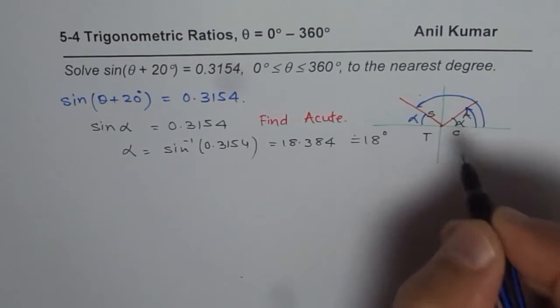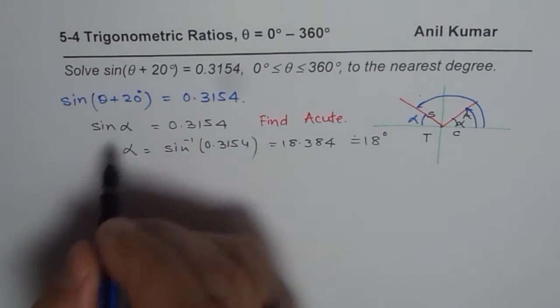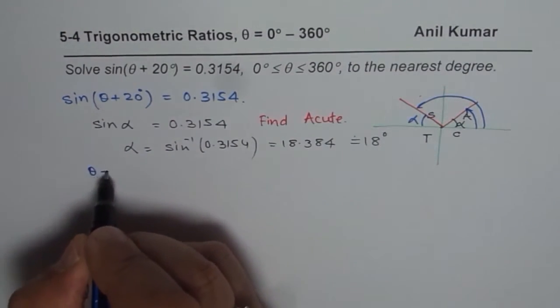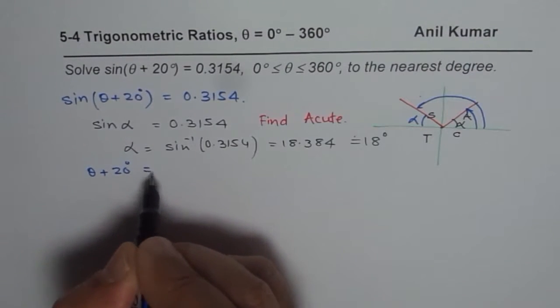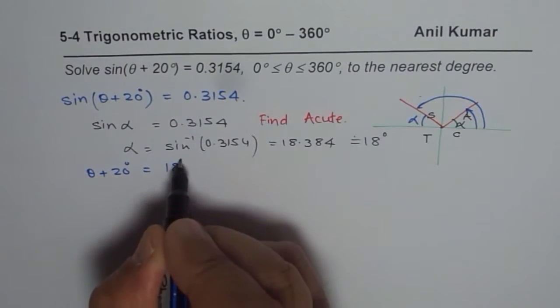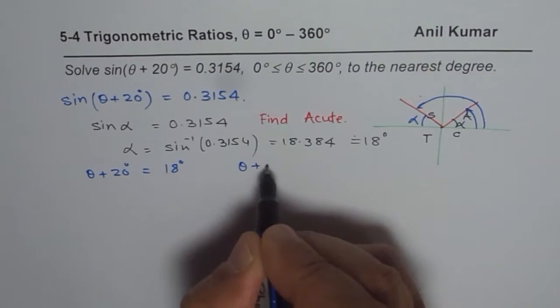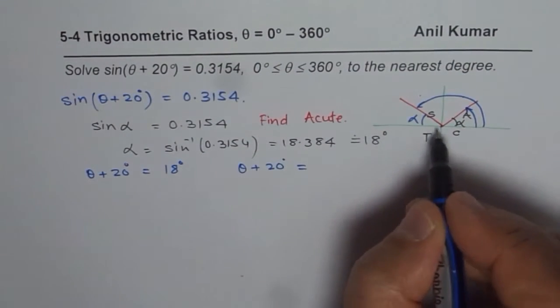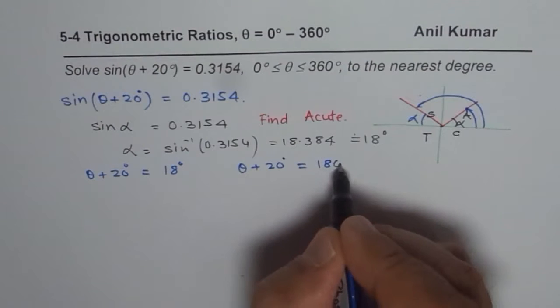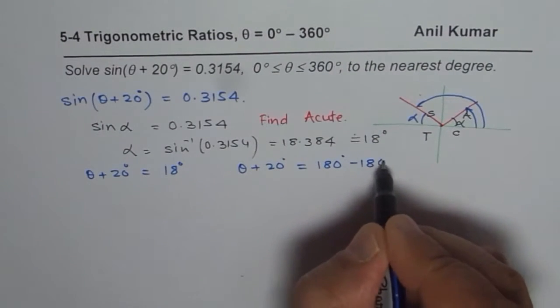So alpha here we know is 18 degrees. So what we can now say is theta plus 20 degrees is either equal to 18 degrees or it could be equal to 180 degrees minus 18 degrees, correct?